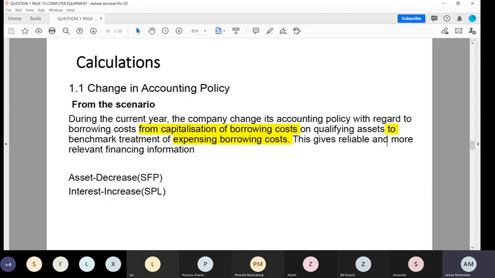This gives reliable and more relevant information. Initially, it was capitalization. Now they want to expense. As I indicated, capitalization has to do with the asset, and expensing is interest that goes to the statement of profit and loss. So in other words, our asset needs to decrease and our interest needs to increase.